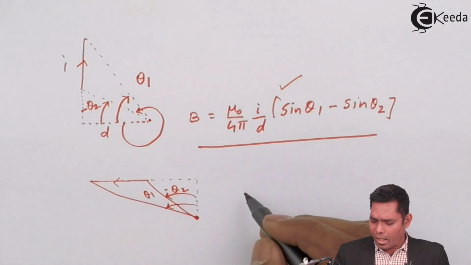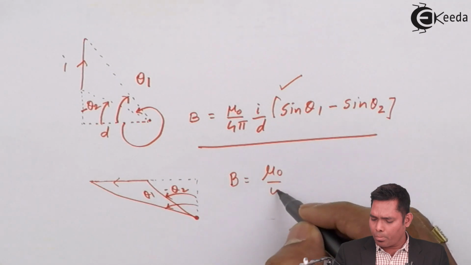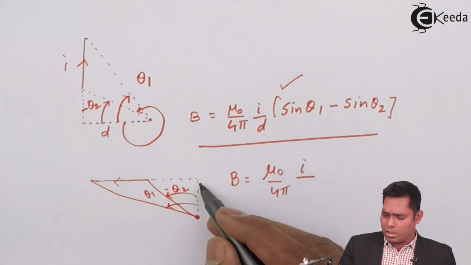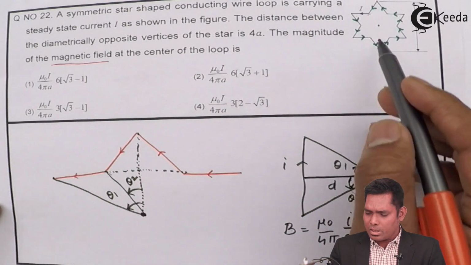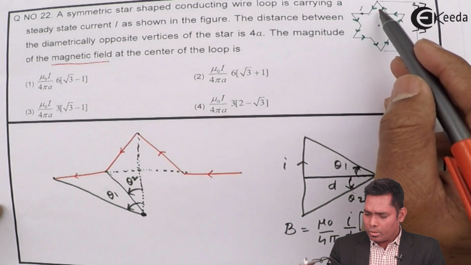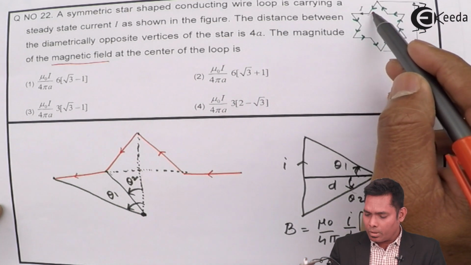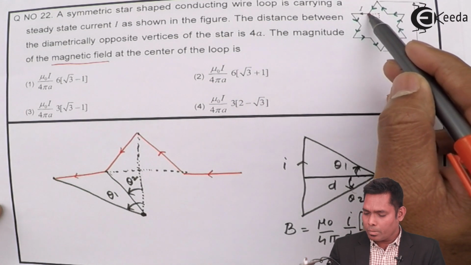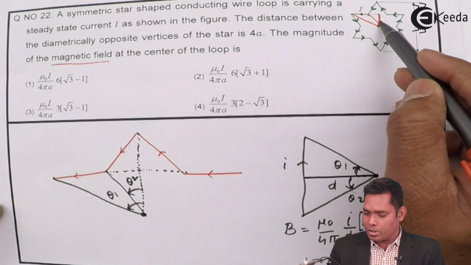So for this line, I'll use the equation B equals mu 0 upon 4 pi, I by d. What is d? This is the distance that I have to find. The total distance is 4a. So from here to here, it is 2a. But our distance is only this one, because this is the angle it is projecting, and I am interested in this distance.